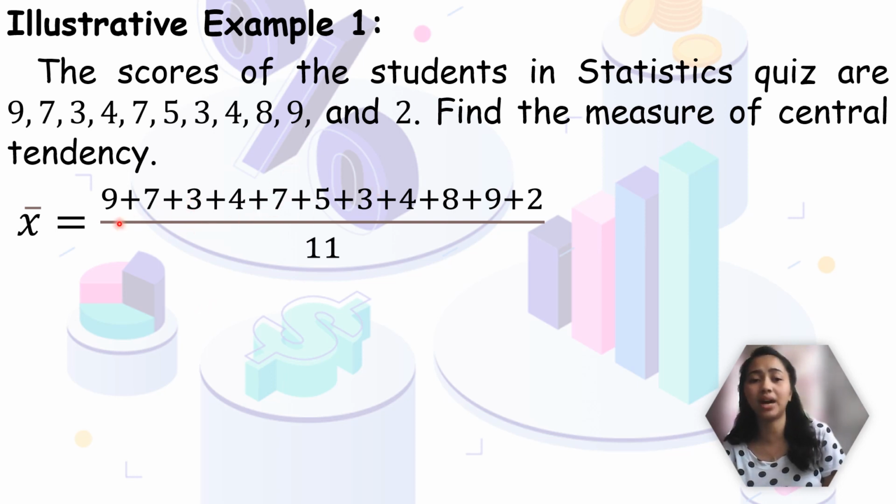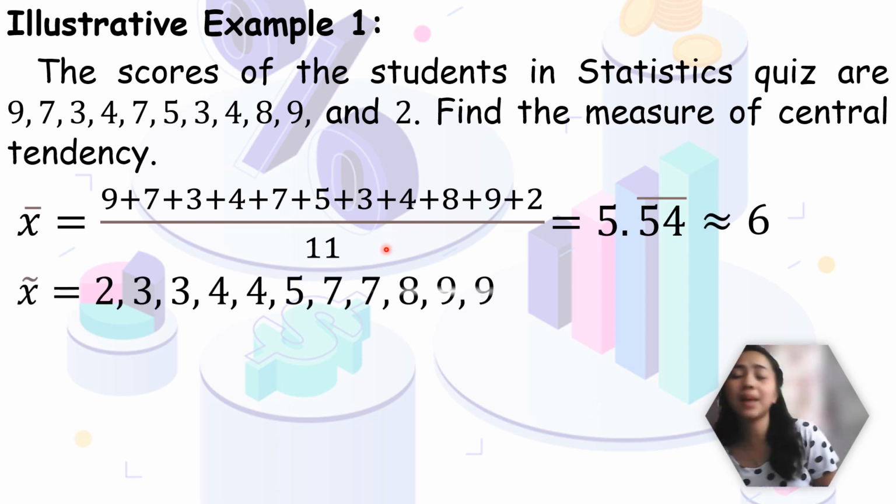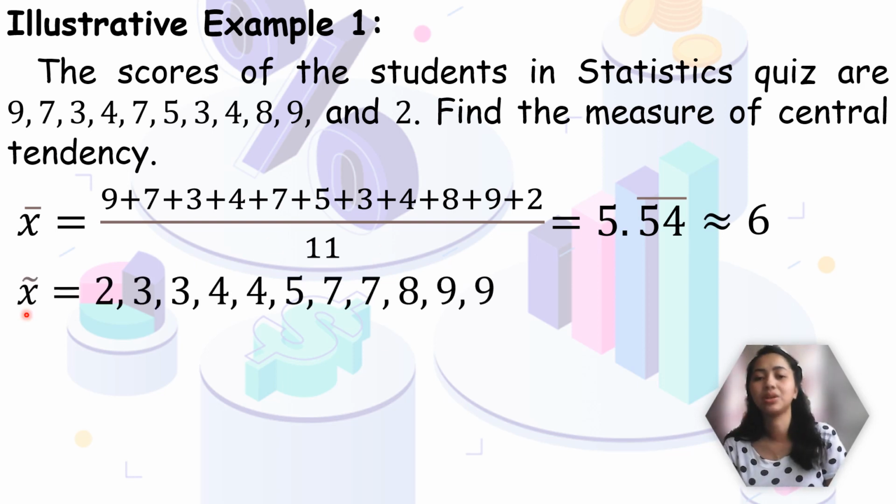So if we add 9 to 2, then we will divide it by 11. And then we will be having now 5.54. Ngayon mga anak, narinig nyo na ba na may score na 5.54? Yes, hindi. Kaya this will give us approximately 6.